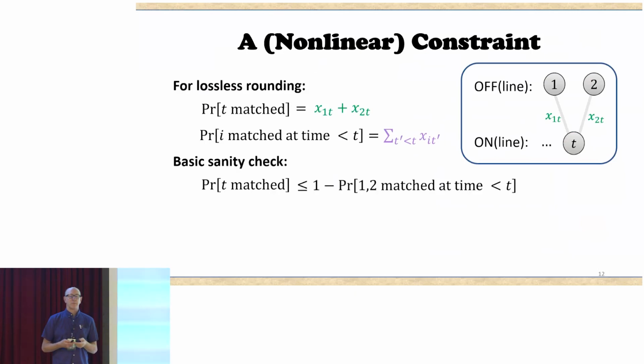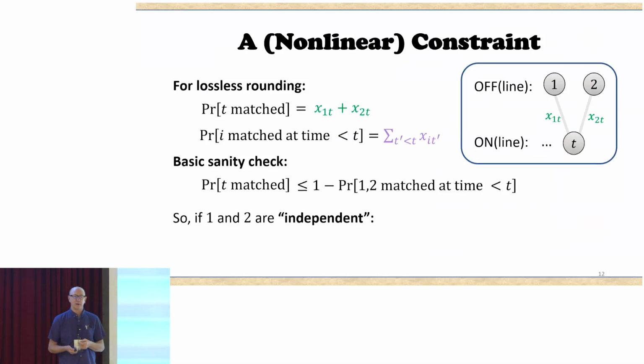So the probability that t is matched cannot be more than 1 minus the probability that 1 and 2 were matched earlier than the arrival of t.